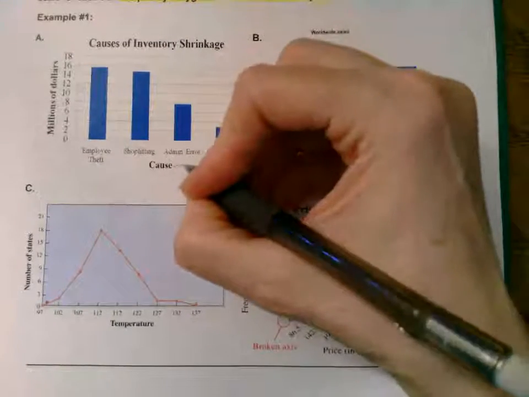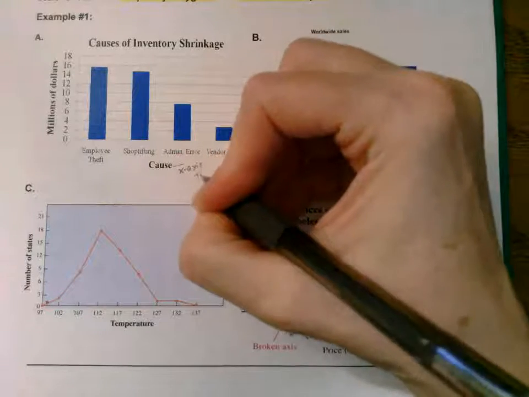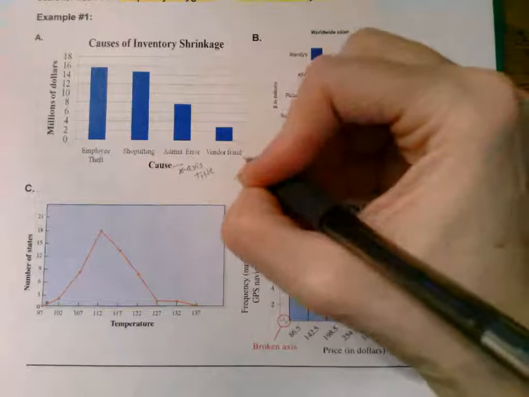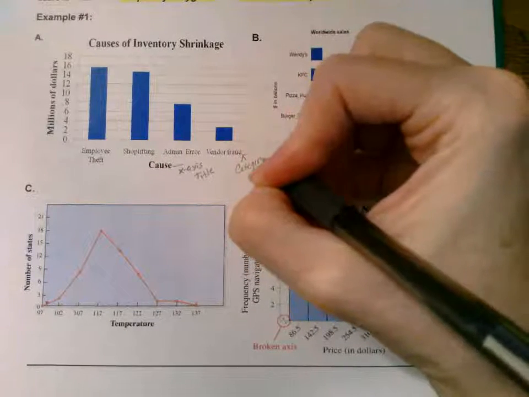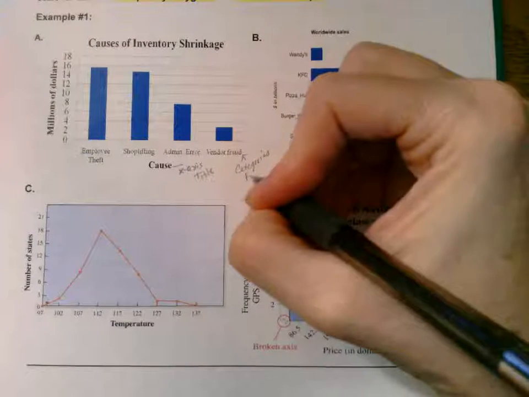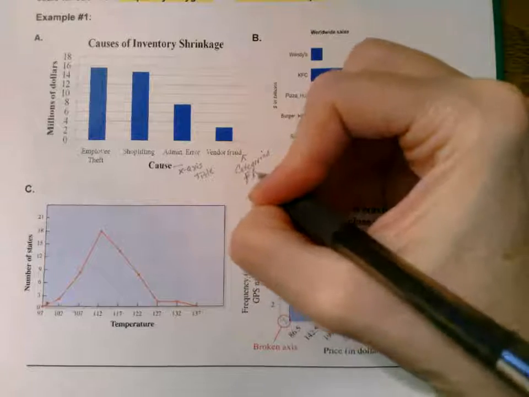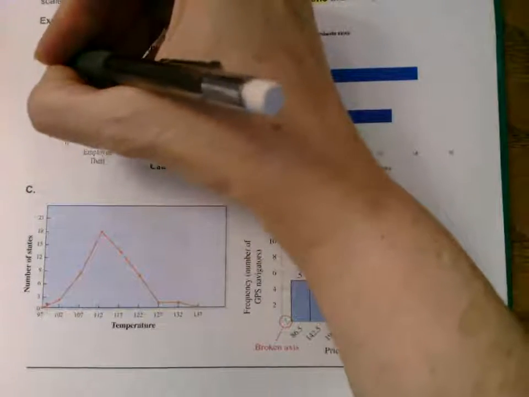And there is my x-axis title. Okay, these are my categories for my frequency distribution.